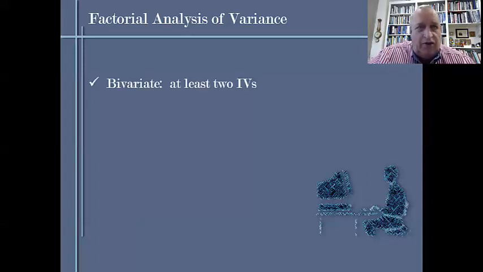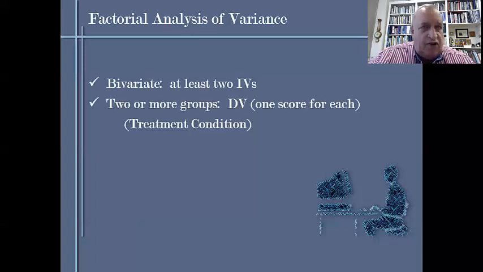But now we're also going to add another variable, gender, and here we have male and female. So we have two or more groups: the four levels of college, and we're going to add male and female, our gender.